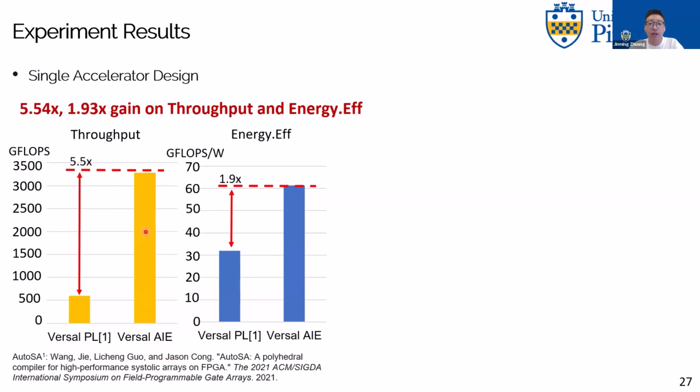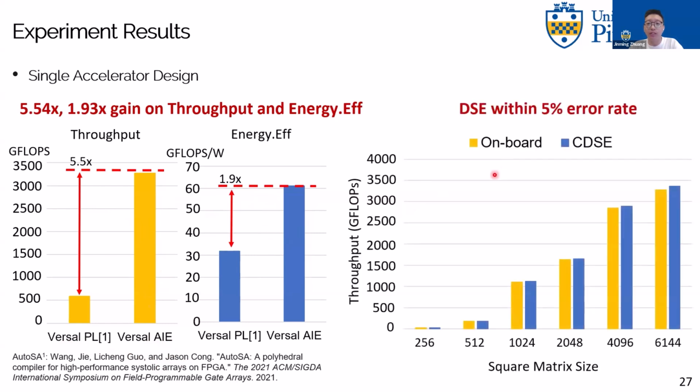And we achieve 5.5x and 1.9x gain on the throughput and energy efficiency. And for our single accelerator DSE, we verify its accuracy by changing the size of the square matrices here. The throughput estimated by our analytical model has less than 5% error rate compared with the onboard real implementation results.